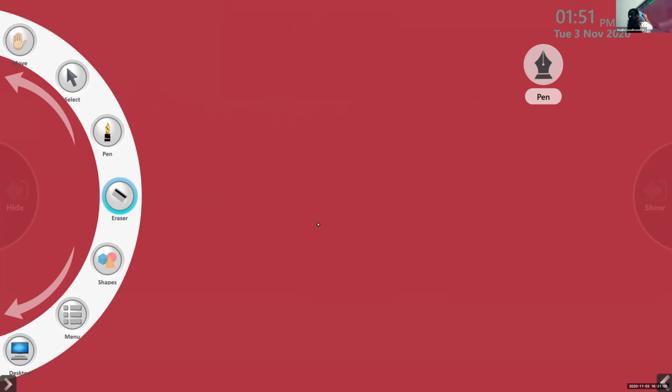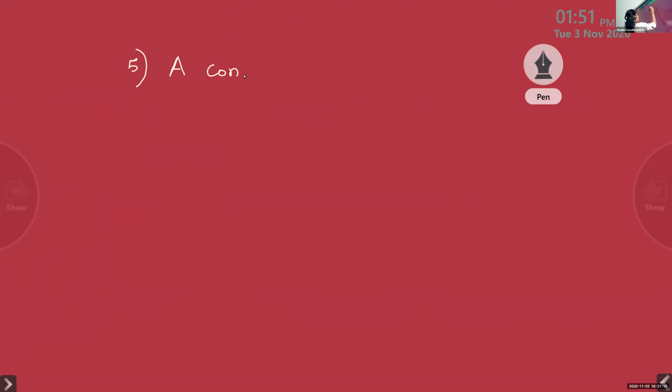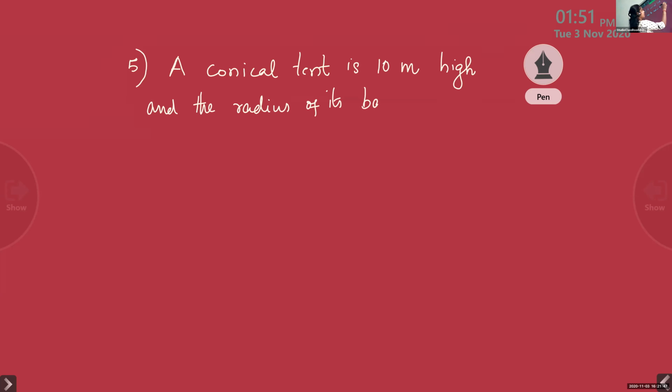Question number 7.5.5. A conical tent, a cone-shaped tent, is 10 meter high and the radius of its base is 24 meter.